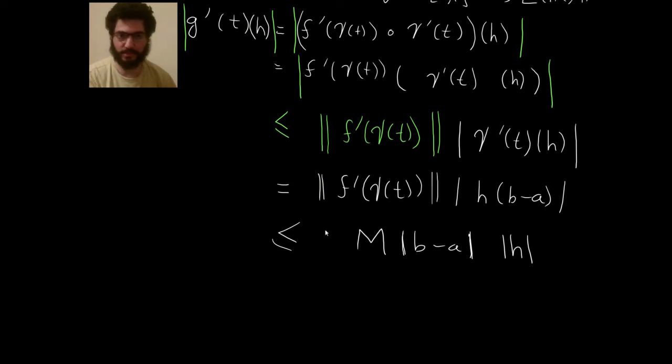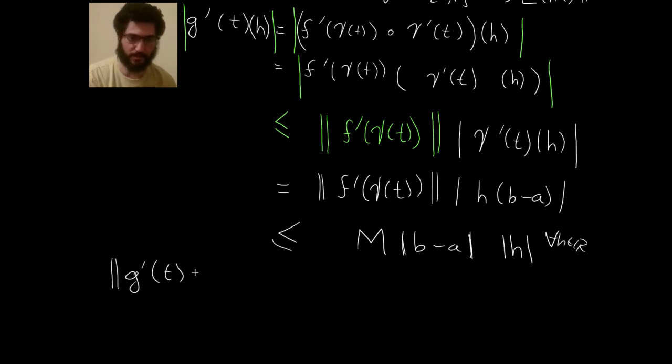So one way to express what I just got, this thing with the h's in it, so right now this is like for all h in R, this entire thing. But one way to express it is, it's saying that the norm of g prime t, the norm of this linear map, is bounded like that for all t.